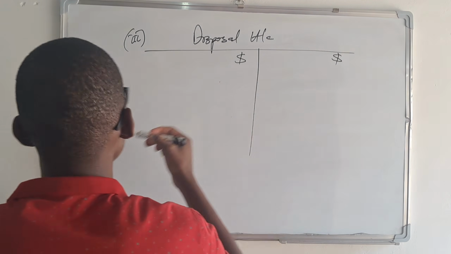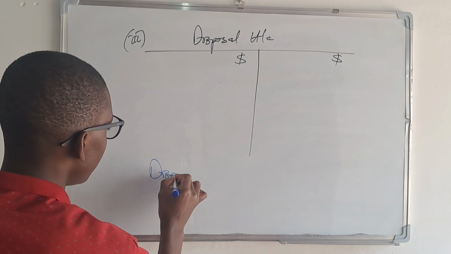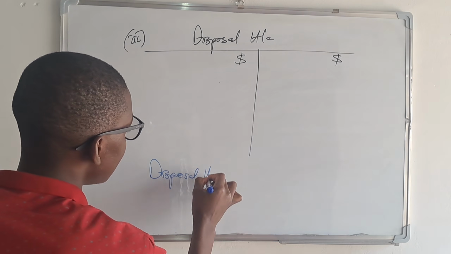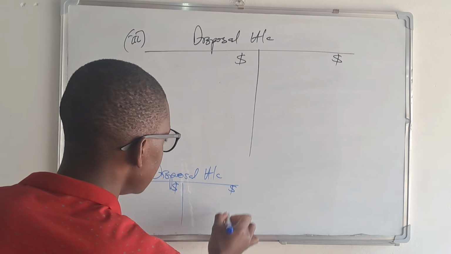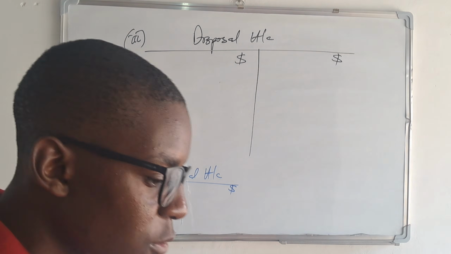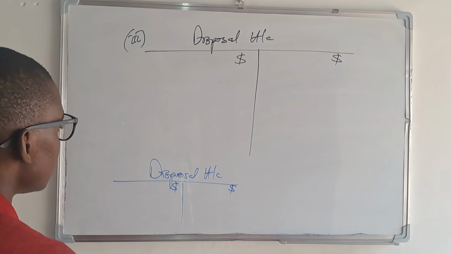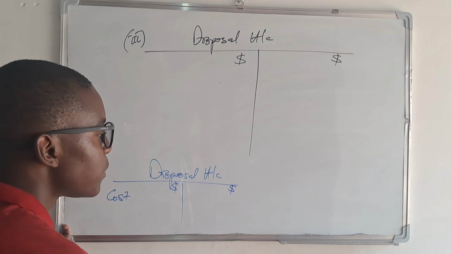In terms of the disposal account, I'm going to give you a format on this side. Remember, you need to know one thing: a disposal account has no balance CD and no balance BD. It's either you're going to get a profit on disposal or a loss on disposal. So you record the cost of the asset which was traded in, disposed or sold.